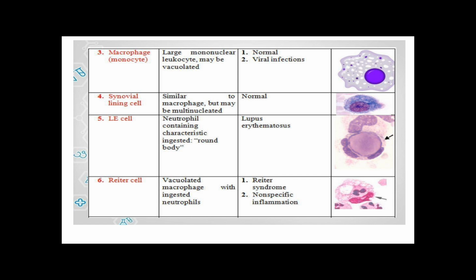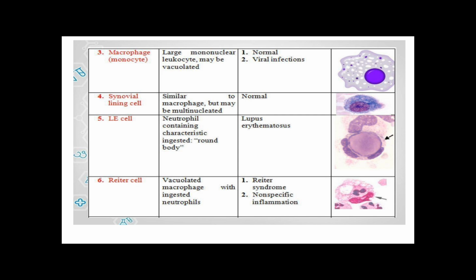So if you observe multinucleated cells like macrophages, you cannot conclude this is due to neoplasm, because synovial lining cells are multinucleated. They can also normally be seen in the synovial specimen.